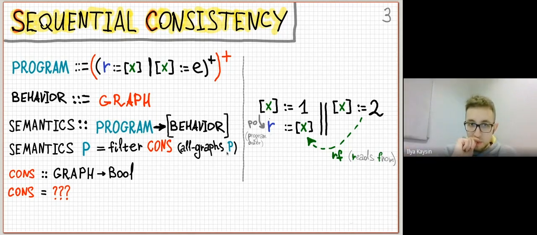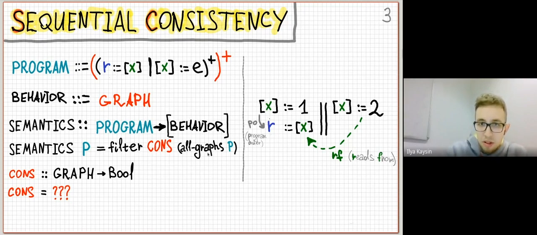And then we look at these graphs and filter out consistent graphs. So we will have a special predicate called consistency predicate that just takes a graph and says whether this graph is good or not. And as soon as we define this consistency predicate, we define our semantics.